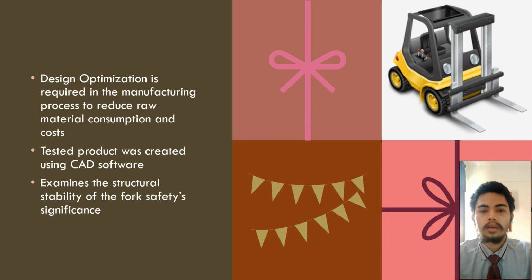Additionally, it can optimize the product to conserve raw materials that would have been used in the original shape. Thus, this article examines the structural stability of the fork safety significance using a mechanical model of the fork.